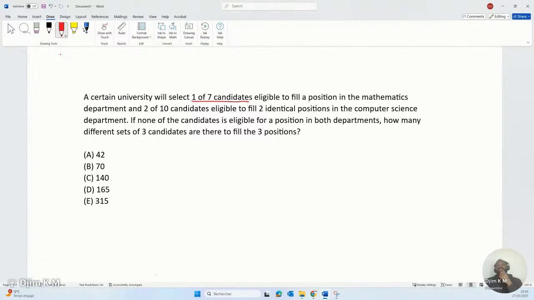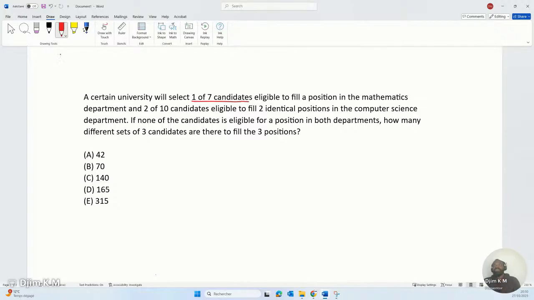If none of the candidates is eligible for a position in both departments, that means the seven candidates here are not eligible for the position in computer science, and the 10 candidates here are not eligible for the position in mathematics. So these are two different groups of candidates.